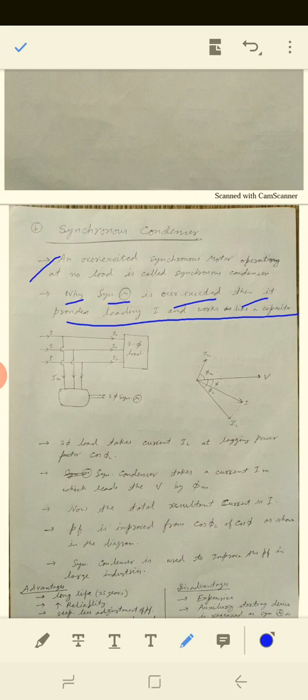Here the load is a three phase load, that is a three phase induction motor we can say, and here a synchronous motor is connected.